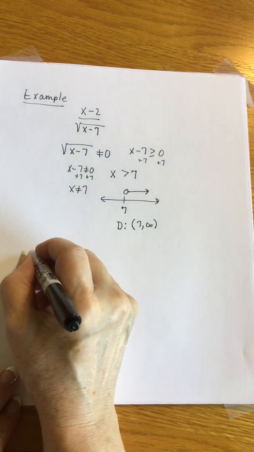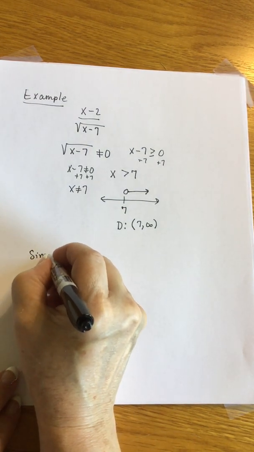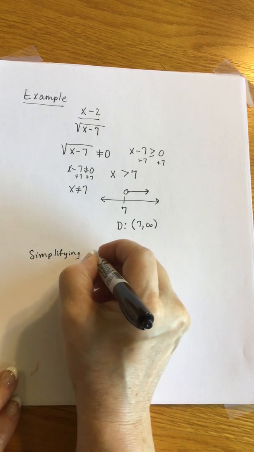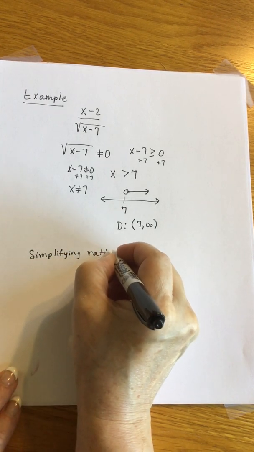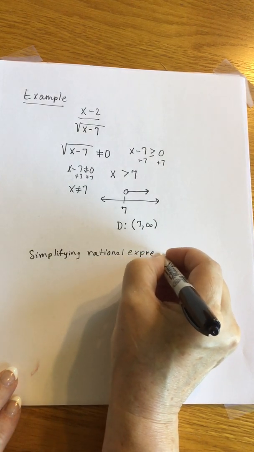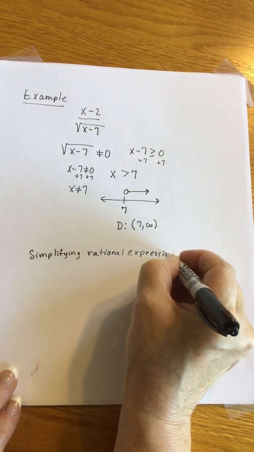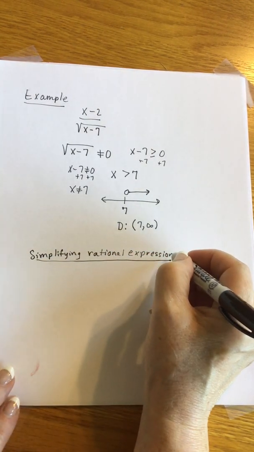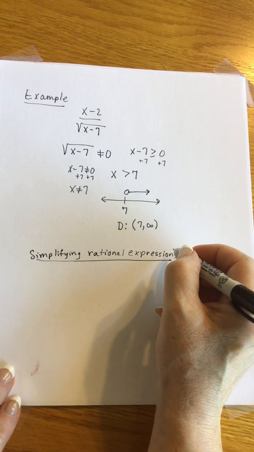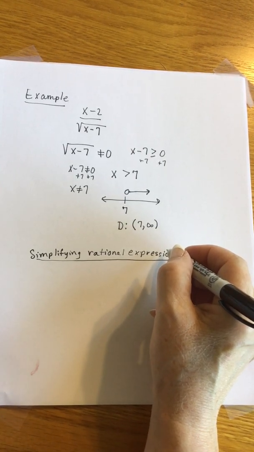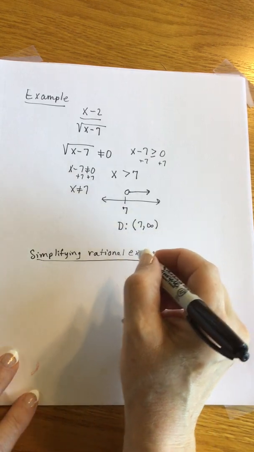The next thing we're going to look at is simplifying rational expressions. Now, when we simplified a fraction, we looked to see what factors were in common with the numerator and the denominator, because anything divided by itself would be 1.